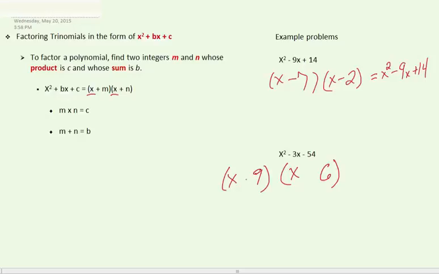Now we have to decide which sign goes where so that the sum is negative 3. If we assign a positive sign to the 9 and a negative sign to the 6, we get positive 3. So that must mean the 9 has to be negative and the 6 must be positive. If we multiply these together, we get x squared minus 3x minus 54.